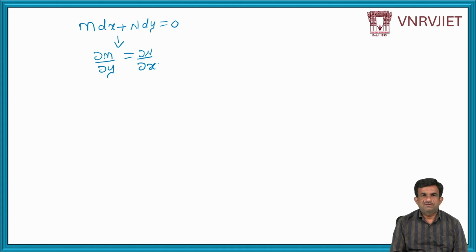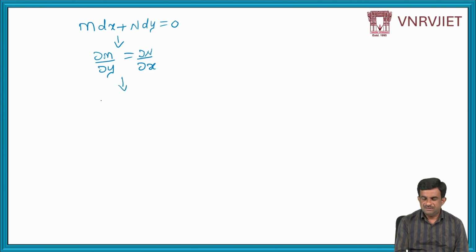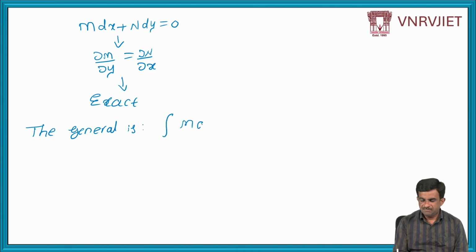If they are the same, then we can say that the given differential equation is exact. Once the differential equation is exact, then we write the general solution as integration M dx plus integration N dy is equal to c.